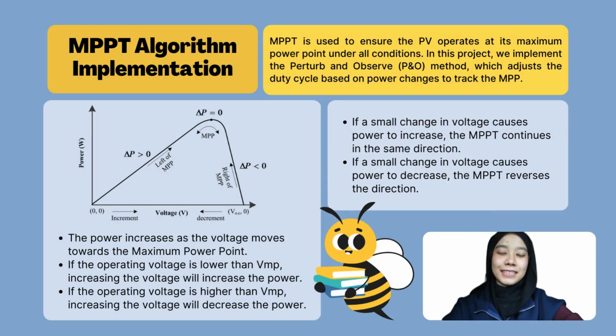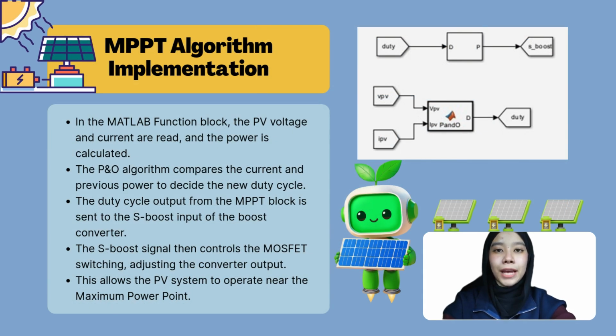In this DC-DC boost converter, we also use the MPPT algorithm implementation. What is MPPT? MPPT is used to ensure the PV operates at its maximum point under all conditions. So in this project, we implement the perturb and observe P&O method, which adjusts the duty cycle based on the power changes to track the MPPT. This is the MPPT P&O in the MATLAB simulation.